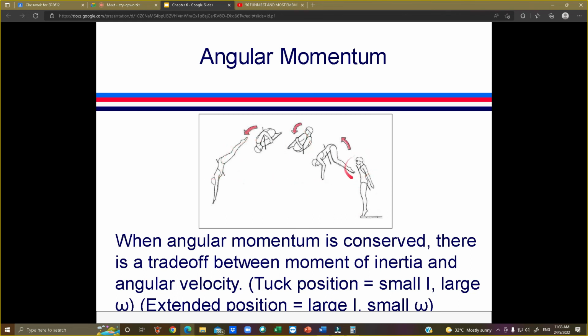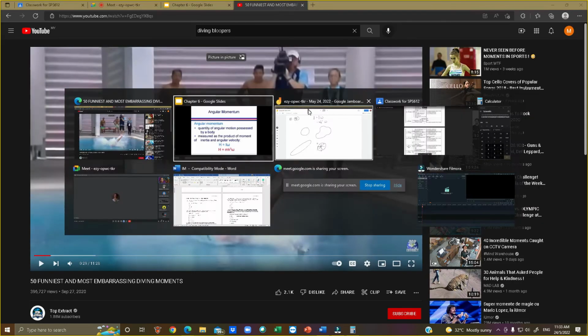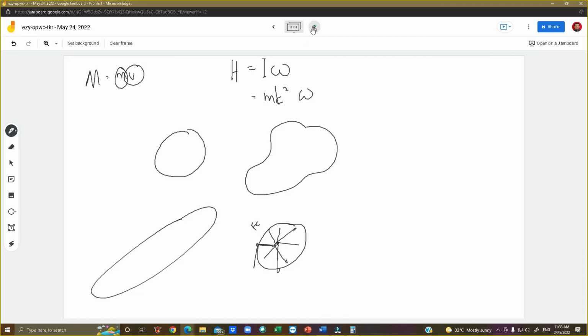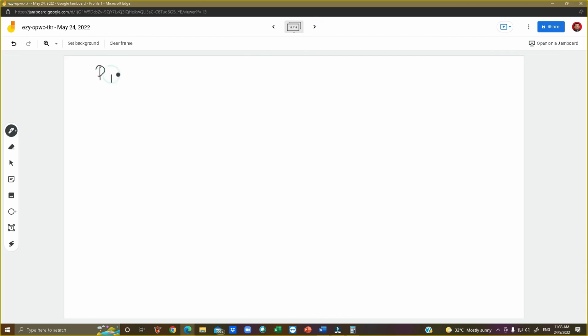So, I'm going to show you 2 or 3 phases and you're going to get the idea. We take phase 1, 2, 3. We are going to name the phases: phase 1, jump. Phase 2, tuck. Phase 3, rotate.